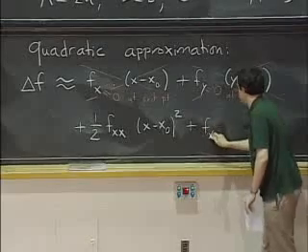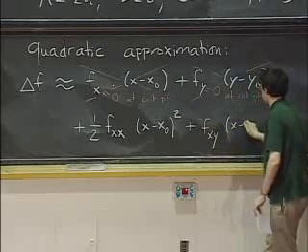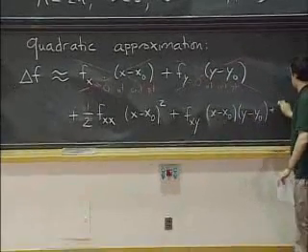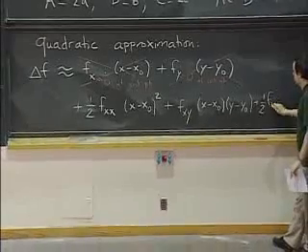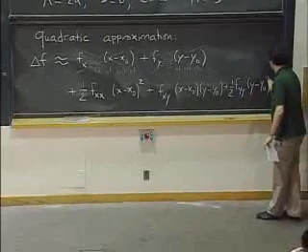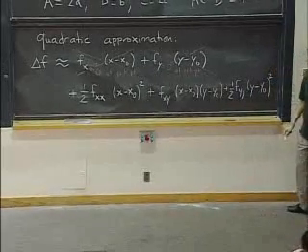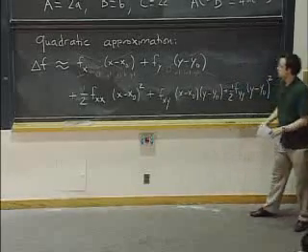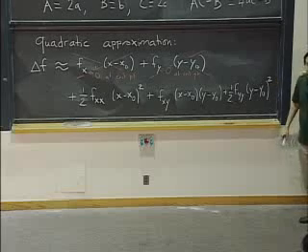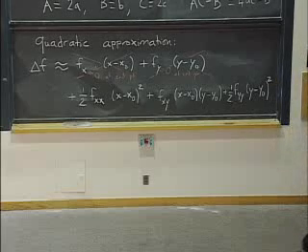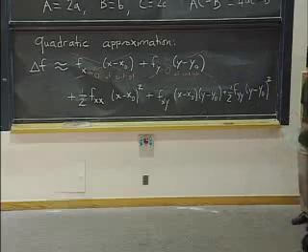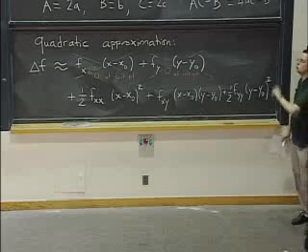These terms are f sub xy times change in x times change in y plus 1/2 of f sub yy times y minus y0 squared. There's no 1/2 in the middle because you would have two terms, one for xy, one for yx, but they're the same. And if you want to continue, there are cubic terms involving the third derivatives and so on, but we are not looking at them.